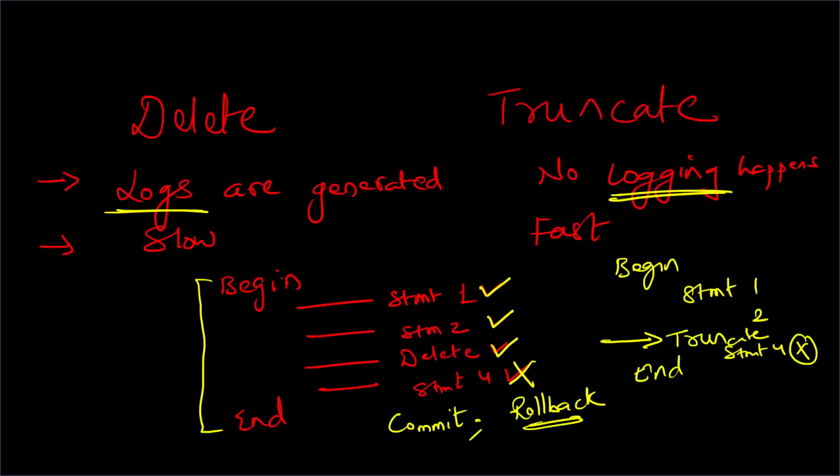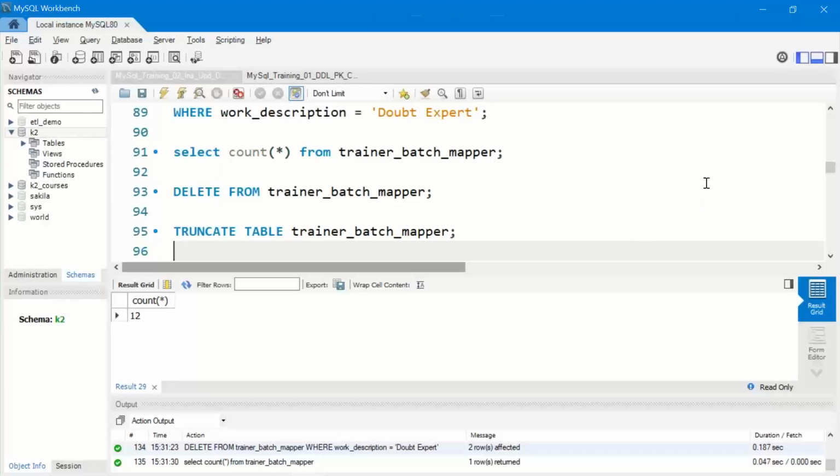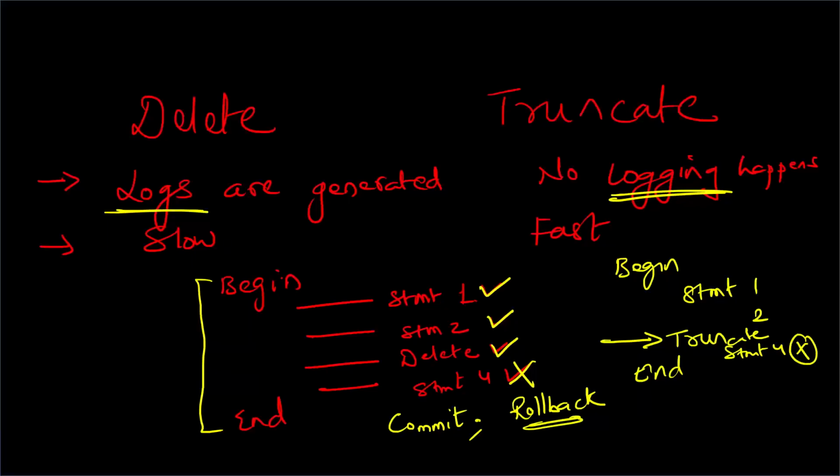Truncate happens without any logging activity, which means your data loss will happen. This is the fundamental difference between a delete and a truncate statement. Okay. The net effect, if you have only one line statement, delete from and truncate table, if there is only one syntax to be executed, the effect is same. Otherwise, this is the fundamental difference between a delete and a truncate statement.